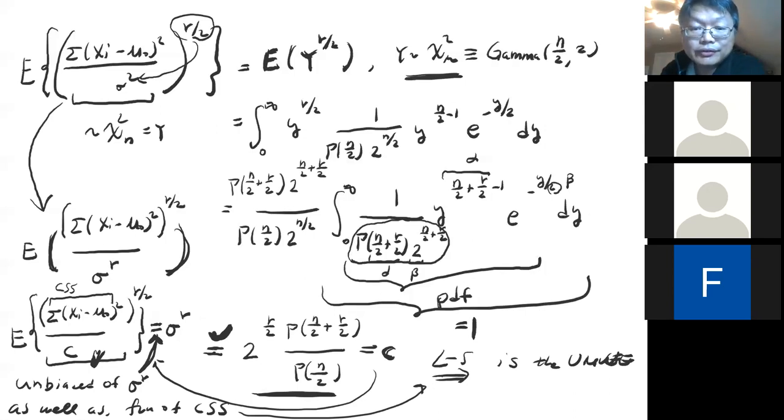Okay, I do know this guy looks a little bit ugly, so you might want to try to make it more beautiful. Let me see if I can give you a better form of the final estimator.